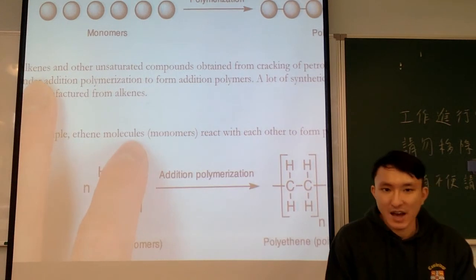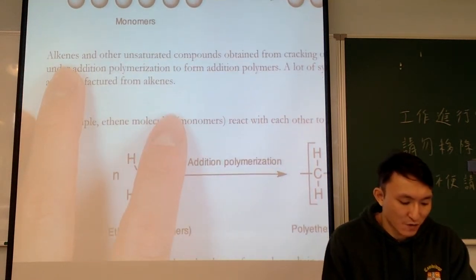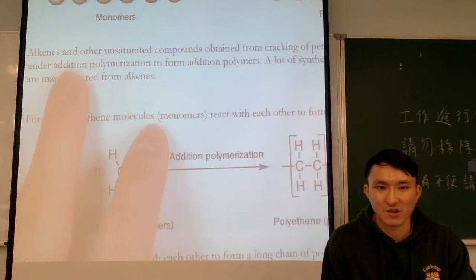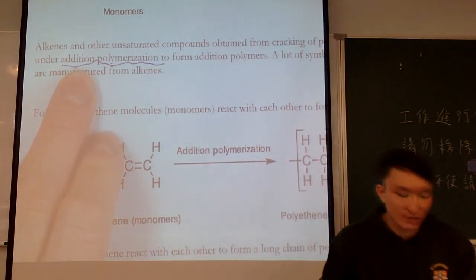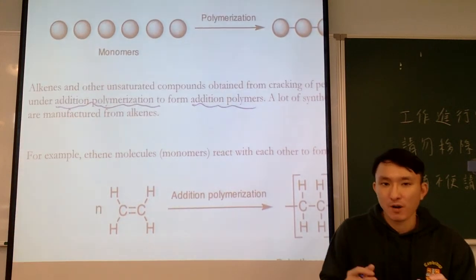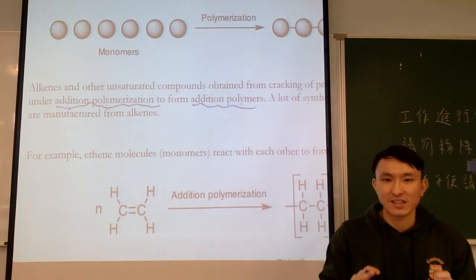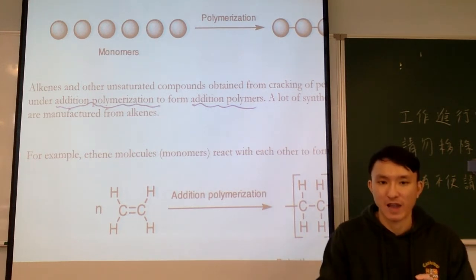Now here, we say alkene or other unsaturated compounds are able to form polymers. Especially for alkene, it can undergo a process called addition polymerization to form addition polymer. Polymerization is a huge category of reaction.